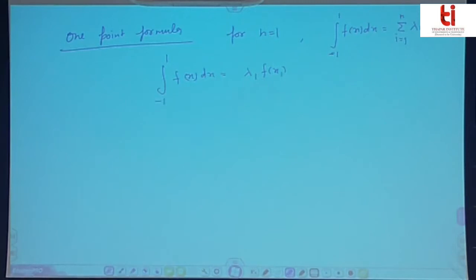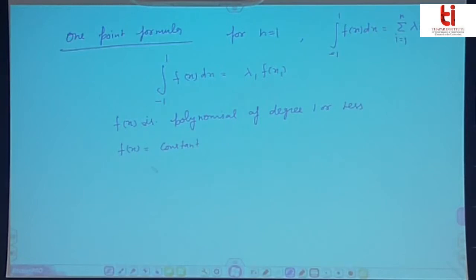Okay. Now lambda 1 f x1. So f x we will choose as a polynomial. f x is a polynomial of degree 1 or less. So it will take the value of f x as constant.